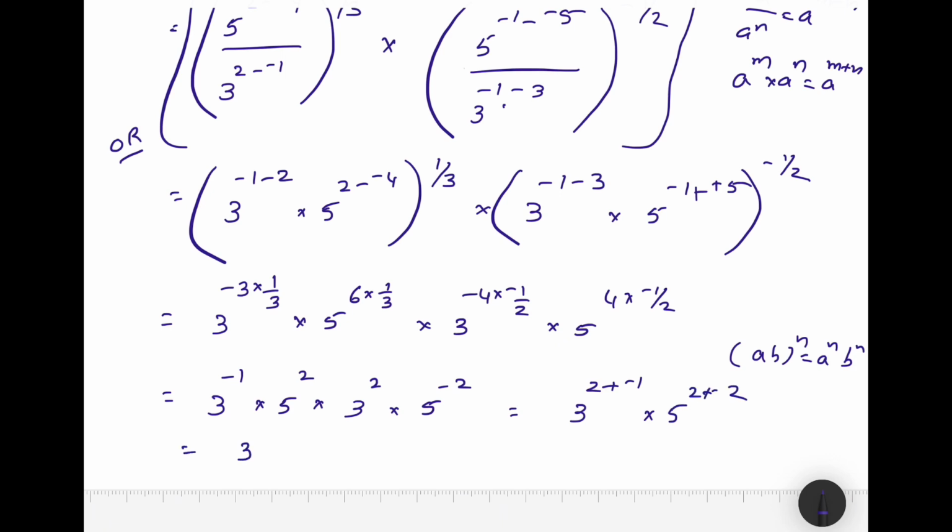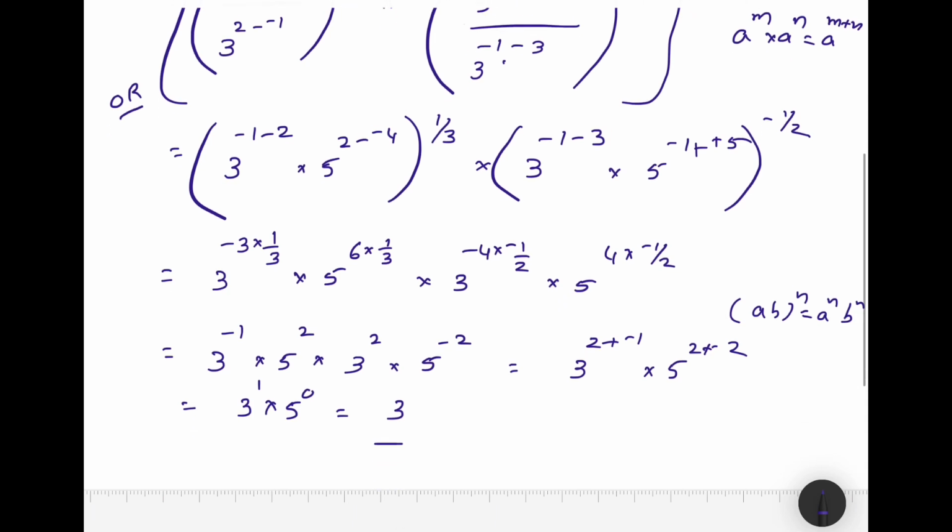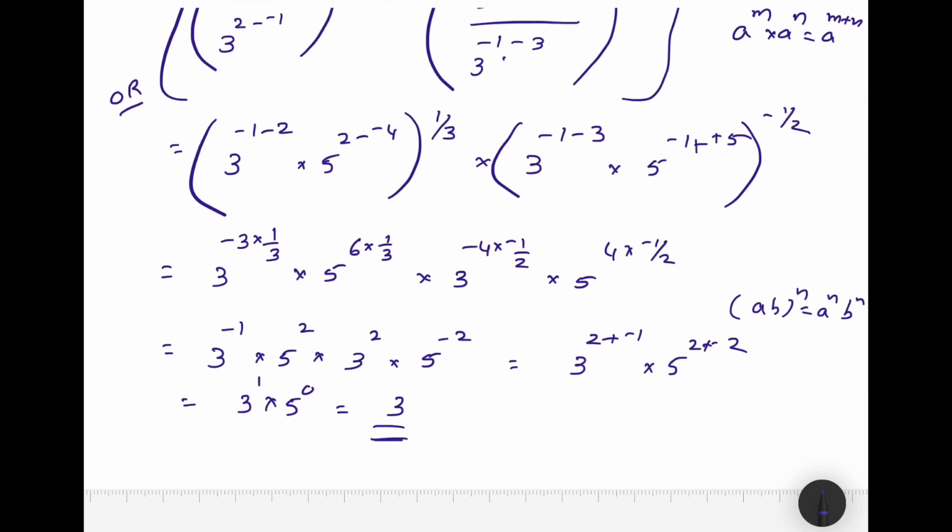So 3 to the power of 1 into 5 to the power of 0. So it is 3, since 5 to the power of 0 is 1. So collect all the terms which have the same base together and then simplify.